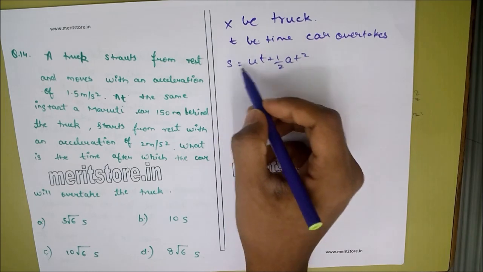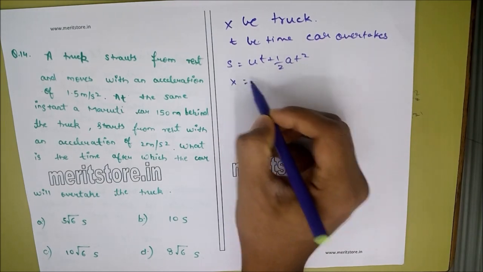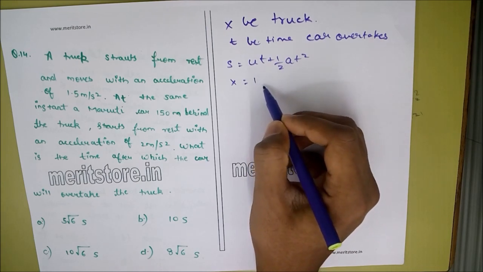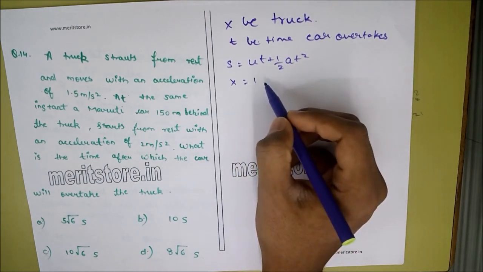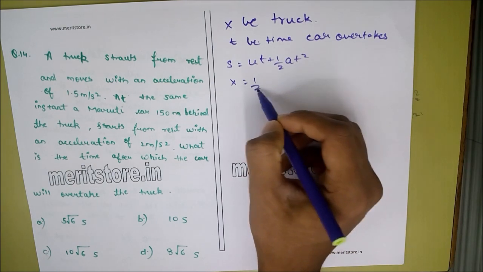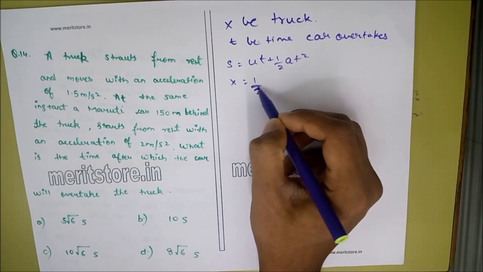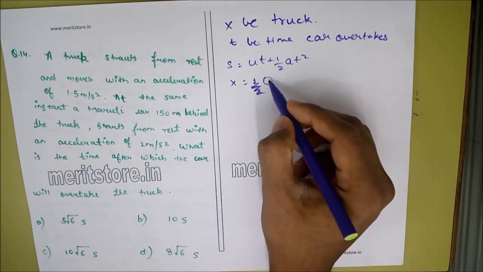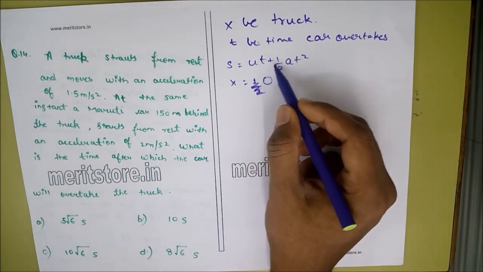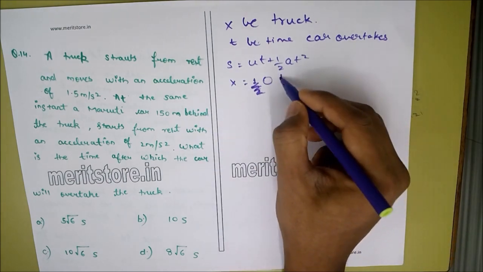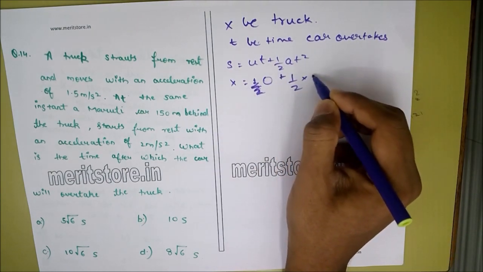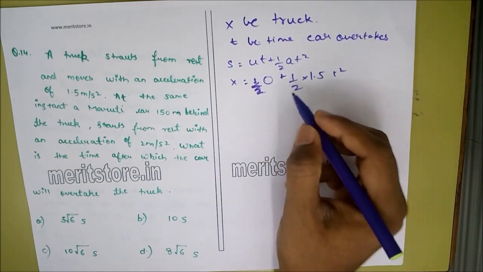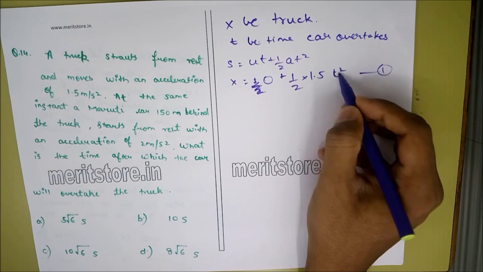In this, substituting the value of s as x, the value of u would be 0, since the truck starts from rest. So half, acceleration is 1.5 and time is t. Let's write this as equation 1.